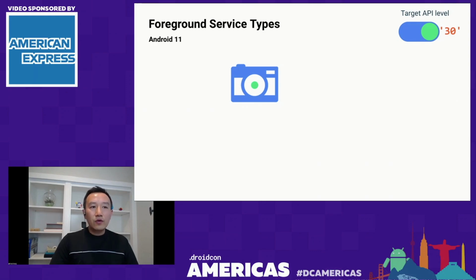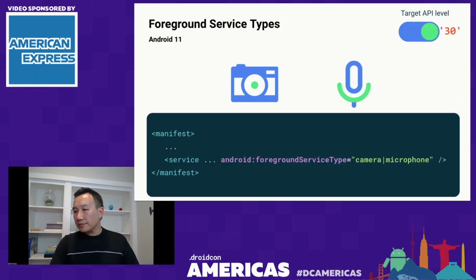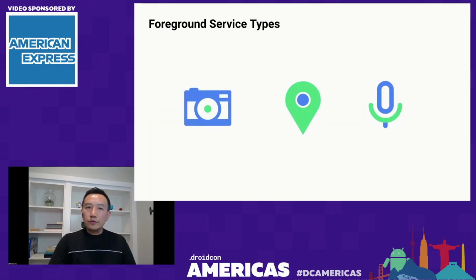And likewise for microphones, same thing. In the same service declaration, you can declare multiple types. So just to recap, on Android 11, you need to define a foreground service type for any of these data: camera, location, and microphone.